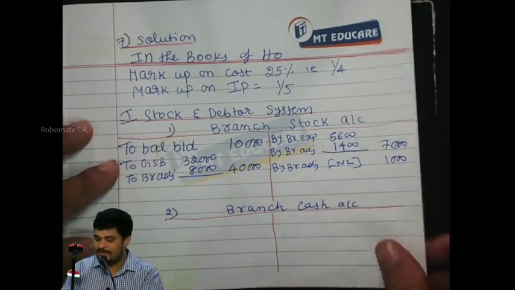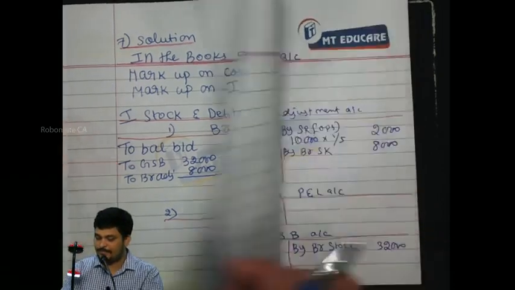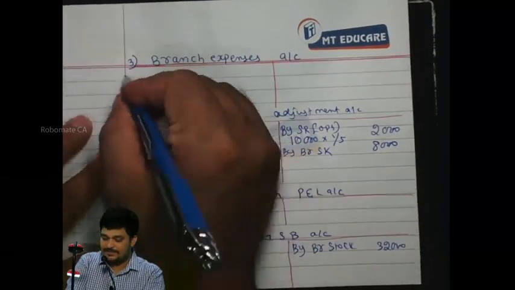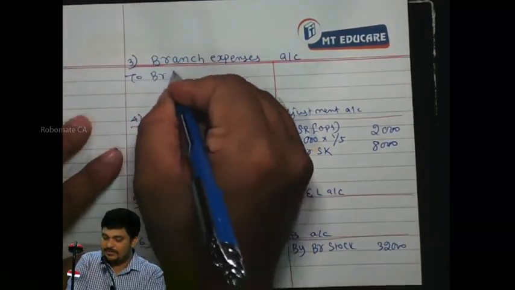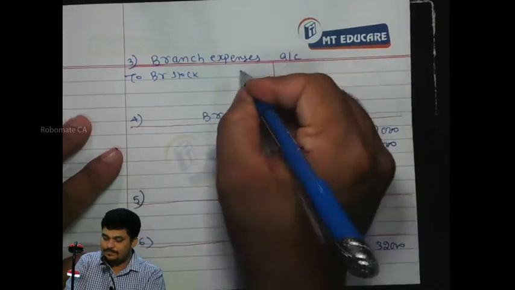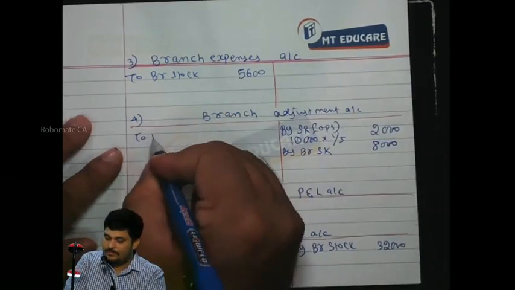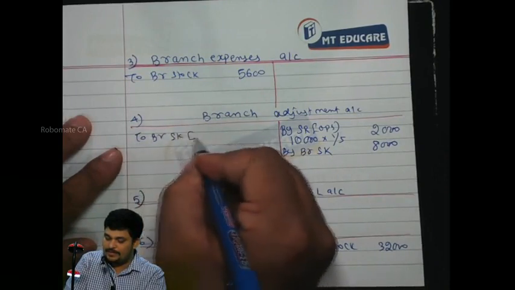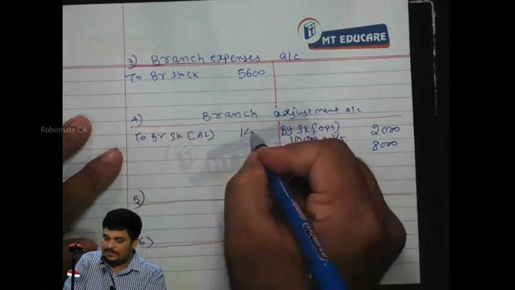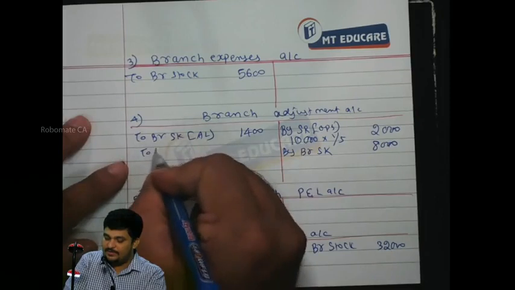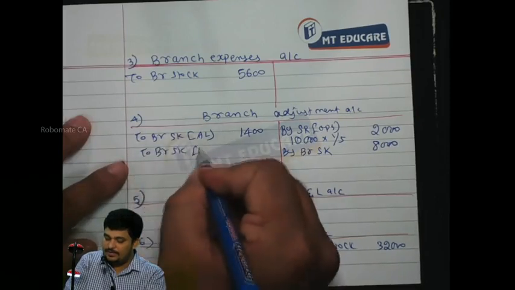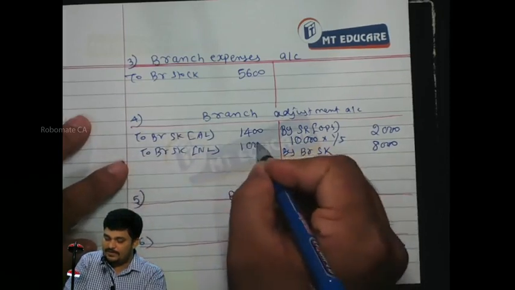Understood? Now let us take that branch expenses to branch stock 5,000. To branch stock for abnormal loss 1,400. To branch stock for normal loss 1,000.